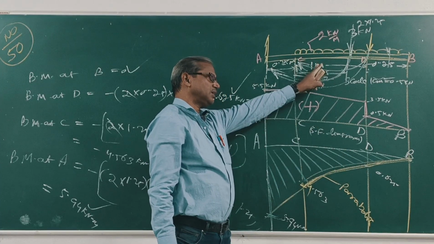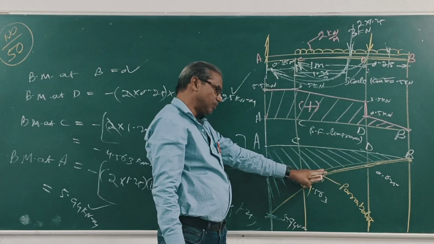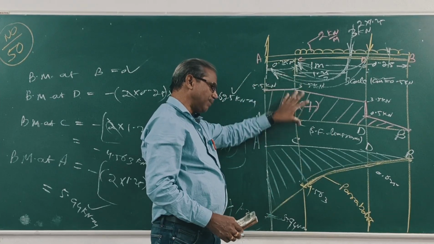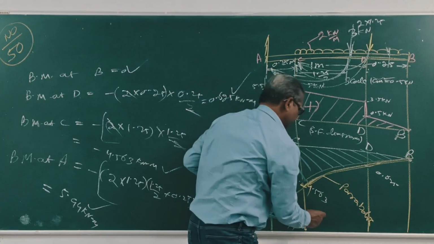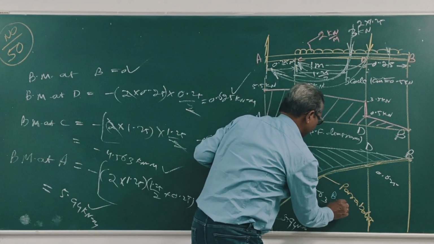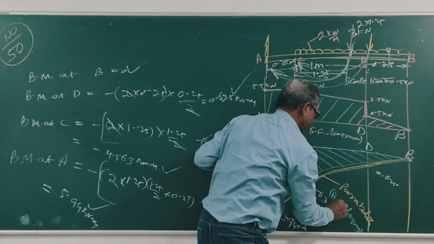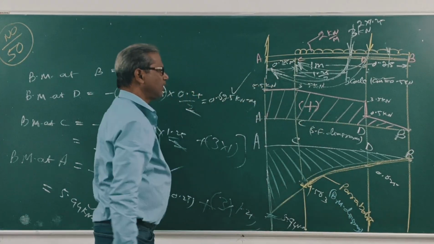This is second degree of x, so parabolic. This is straight line. Clear? This is the shear force diagram, this is the bending moment diagram, BM diagram. Right?